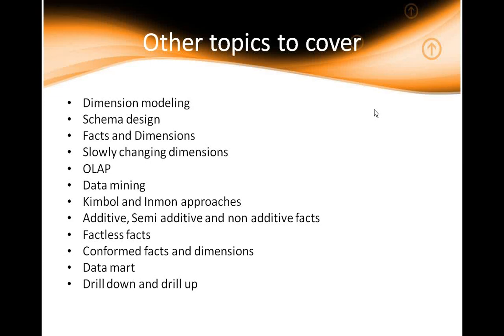In the warehouse, we have the data of the entire business, and a data mart is just a subset of the data warehouse, right? I'm just giving an overview, and we can discuss a little more later.